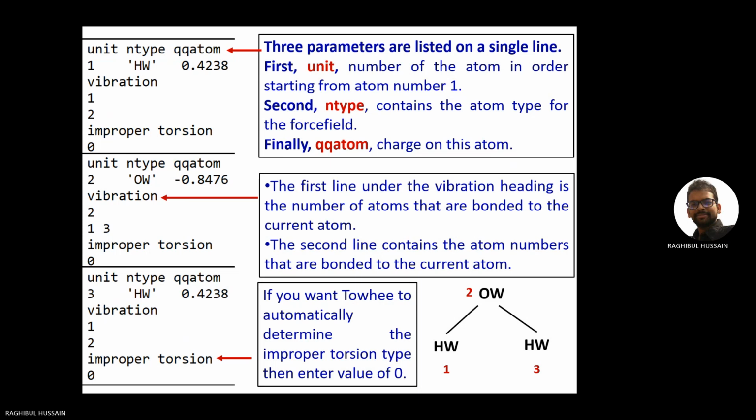Number 1, what is the total number of atoms with which this HW is connected? 1. And what is the number of that 1? That is 2, because we are giving the numbers 1, 2, 3. Second line, and in this case we do not have an improper, so this is 0.